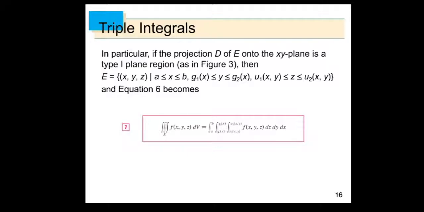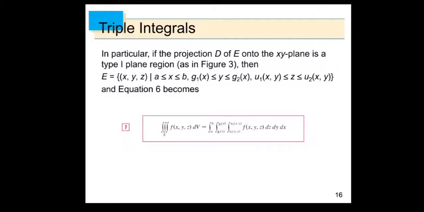But our x would be greater than or equal to a and less than or equal to b, whereas our y would be greater than or equal to g1(x), which is a function of x, and less than or equal to g2(x), which is another function of x, and these functions would be continuous, right? When it comes to the z value, it would be greater than or equal to u1(x, y), which is a function of x and y, and less than or equal to u2(x, y), which is another function of x and y.